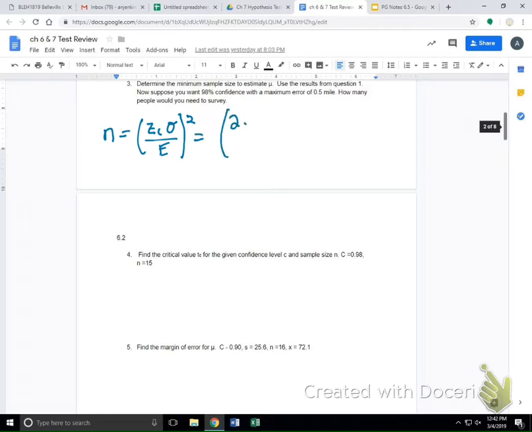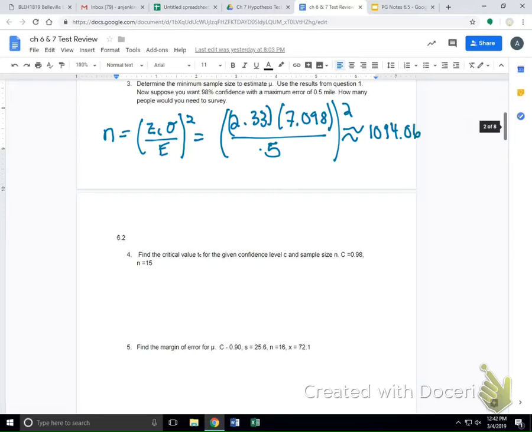We end up with 2.33 times 7.098 all over my error of 0.5 quantity squared. What you're going to do is put that into your calculator, and you see that you end up with something like 1094.06.